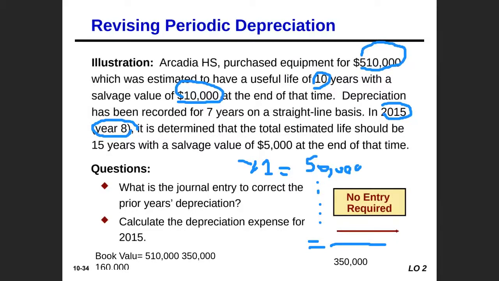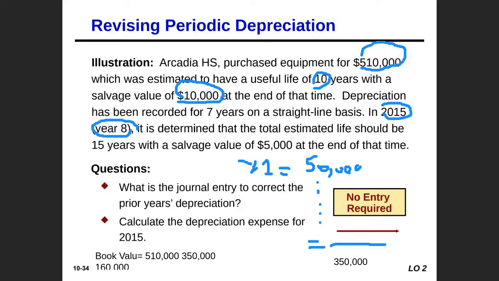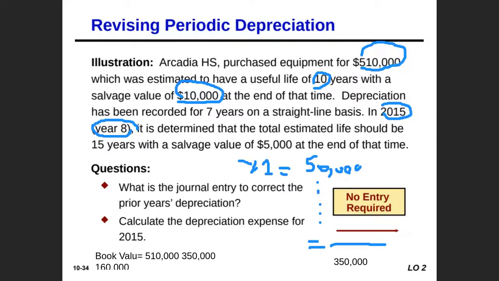And in year 8, or in 2015, just consider it as a new question. So our remaining book value is 160,000. And what is the salvage value? 5,000. So 160 minus 5,000 is your depreciable cost. And then you divide it by the years, and I'll show you the solution now.